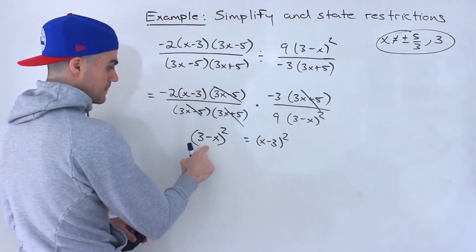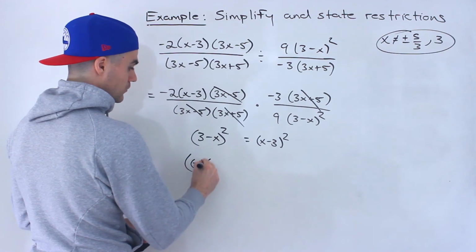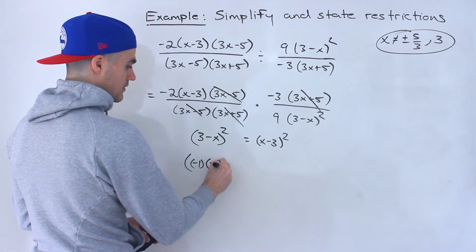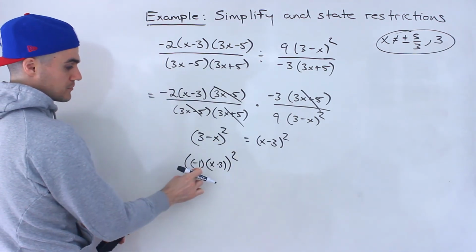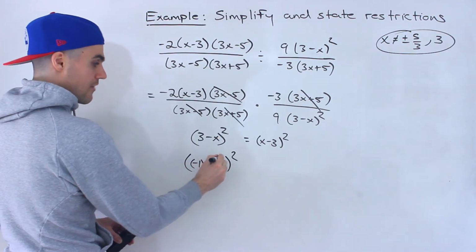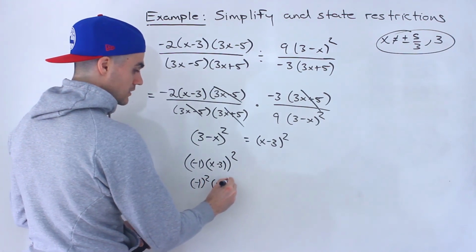And the reason why, if we take this and we factor out a negative 1, we would end up with negative 3 plus x, or x minus 3. Right? If I factor out a negative 1 from this expression, but that negative 1 is still going to be within that bracket. And then these are multiplying, so we could take negative 1 to the power 2 and then x minus 3 to the power 2.